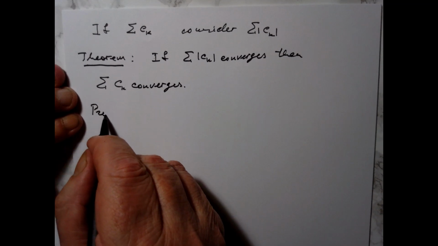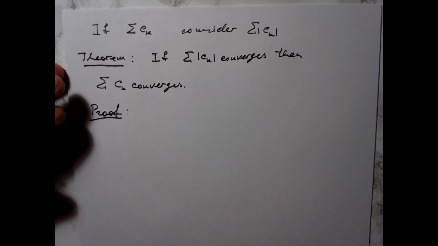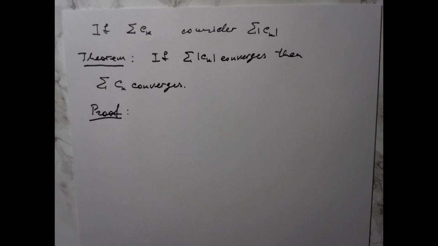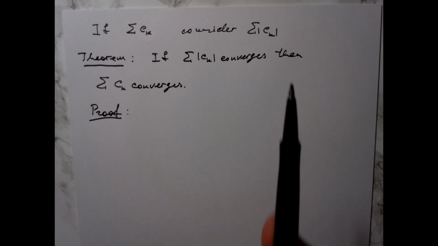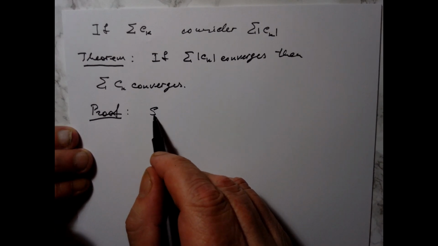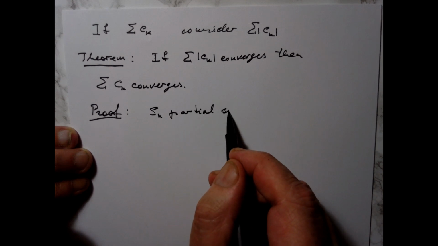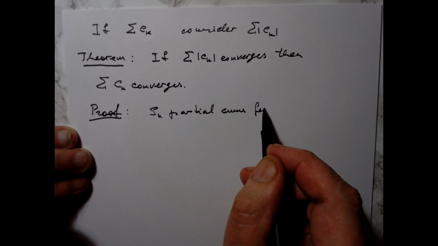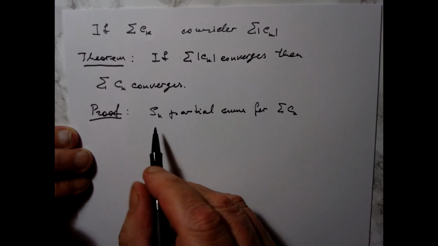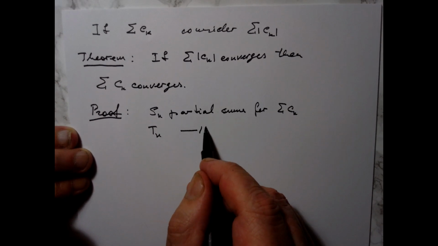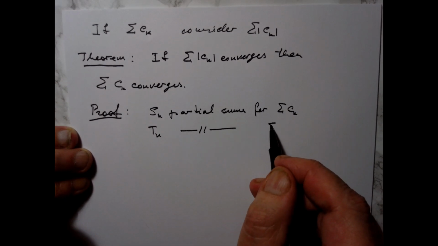Okay, let's prove this theorem. And to show you how convenient and how beautiful this tool of Cauchy sequences is, let me compare the partial sums of the series c_k and the partial sums of the series c_k with absolute value. So let's suppose S_n are the partial sums for this series, and let's suppose T_n are the partial sums for this series.